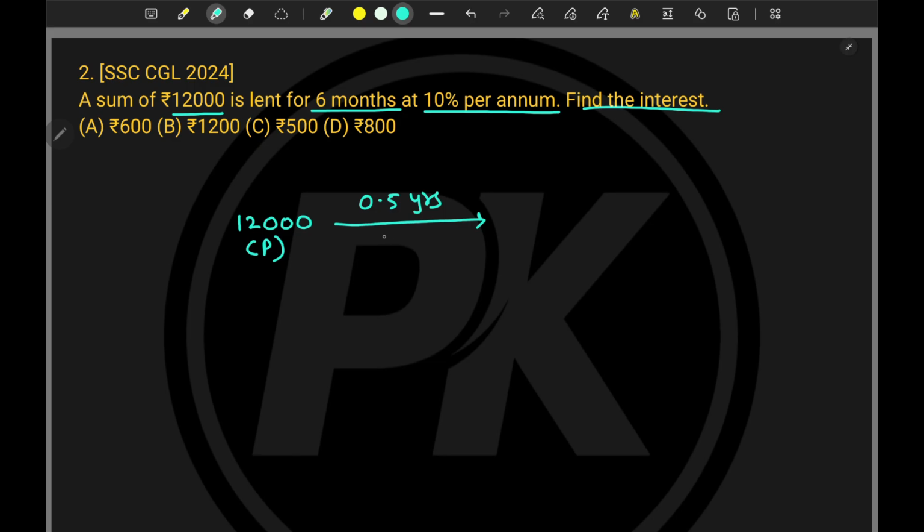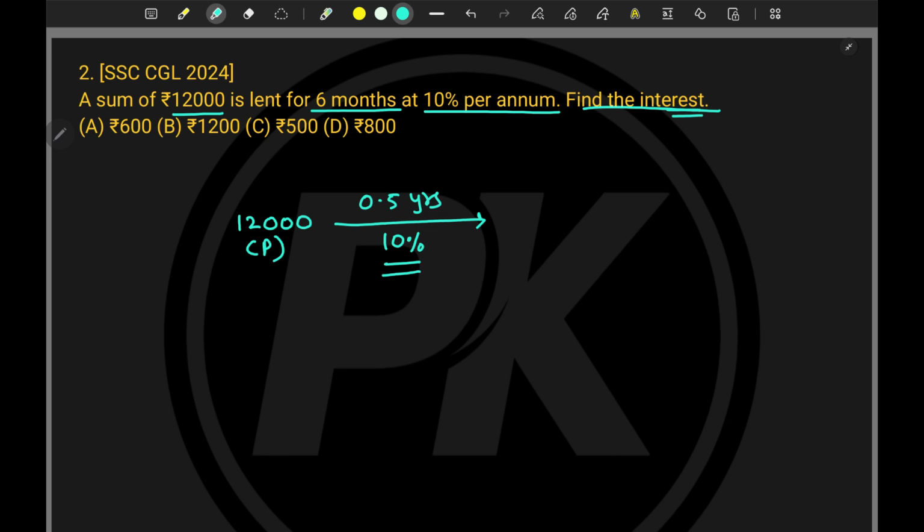Now at how much interest? 10% per annum. And we have to find out the simple interest, right? Now what did I say simple interest is? It is an extra amount which is collected on and above the principal. So here, it is 10% per annum. That means for half a year, it is 5%.